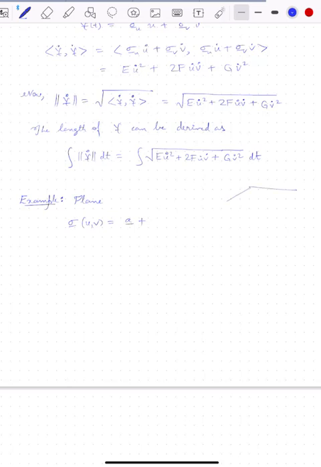Schematically, it will be as if we have this plane here, and we have the origin of the coordinate system here.